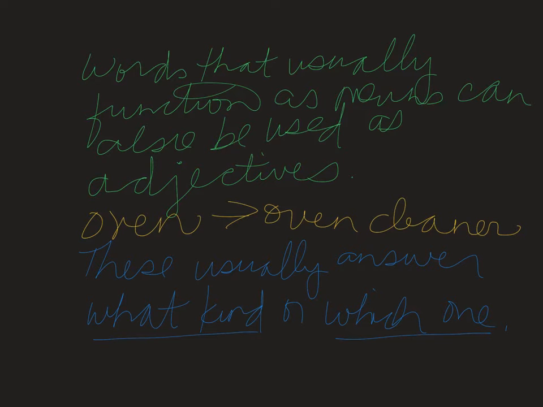And in this case, a word that is usually a noun can function as an adjective if it comes before a noun and describes it. So oven before cleaner, oven here is an adjective describing cleaner. Okay? If you have a word that is normally a noun, but it's functioning as an adjective, it will usually answer one of your first two adjective questions that we learn, which one or what kind.